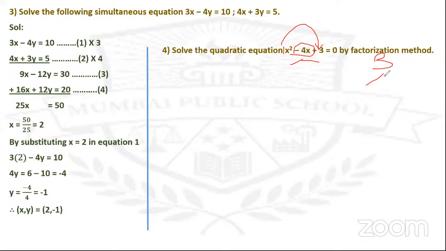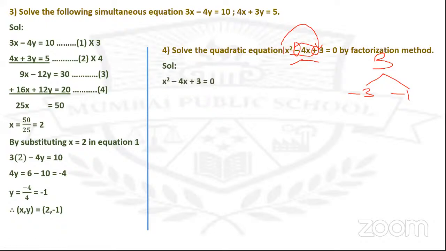What are the factors of 3? 3 and 1. When the middle sign is negative and the last term is positive, that means both the factors you consider are negative.